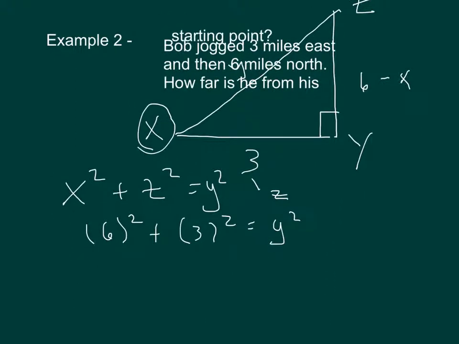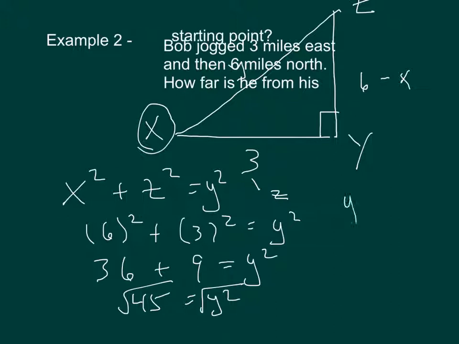We're going to get 36 plus 9 equals y squared, so 36 plus 9 is 45 equals y squared, and then we will take the square root of both sides.